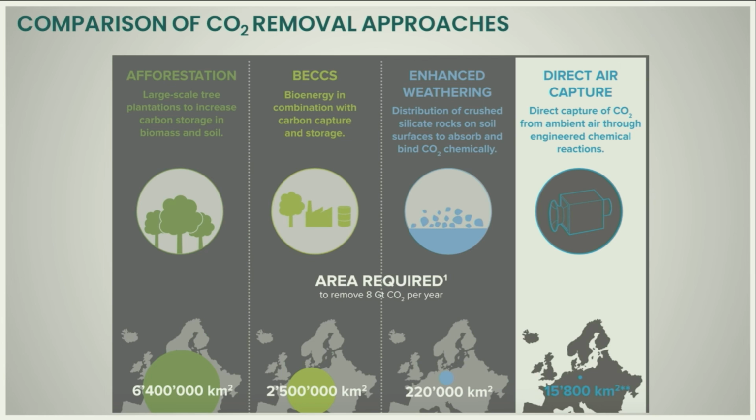If we consider the carbon dioxide put into the atmosphere in the whole of Europe and how many trees you'd have to plant to remove that, it turns out that the area of trees you'd have to plant in Europe is 6.4 million square kilometres. Now, the trouble is that is the area of Europe. So we'd have to cover the whole of Europe with trees in order to offset the carbon dioxide produced from our factories and cars. Well, obviously we can't do that.